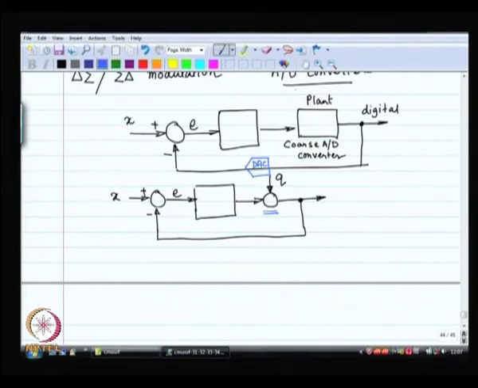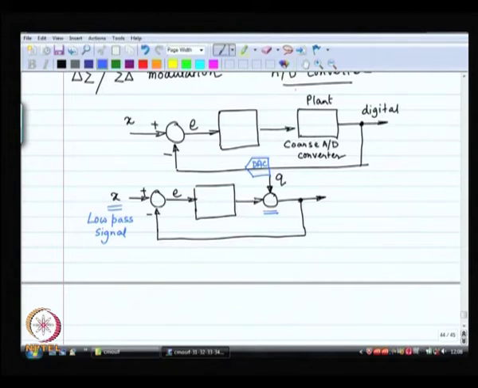Now, suppose I restrict my X to be a low pass signal. So, this is the biggest thing about the sigma delta modulator, that I am going to restrict X to be a low pass signal.